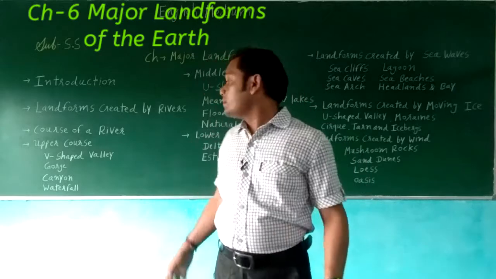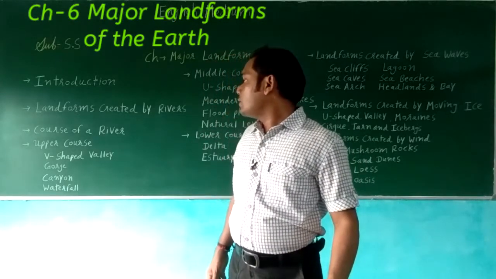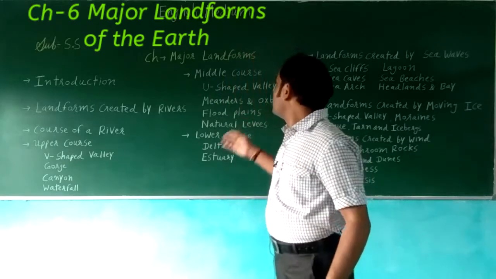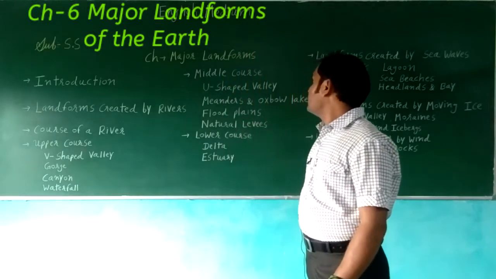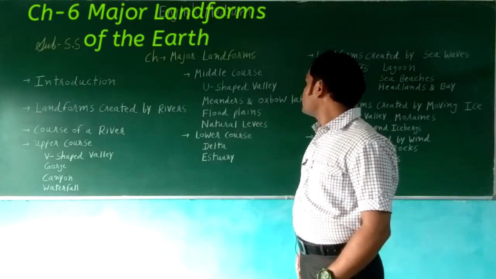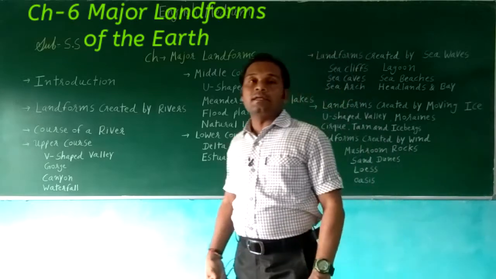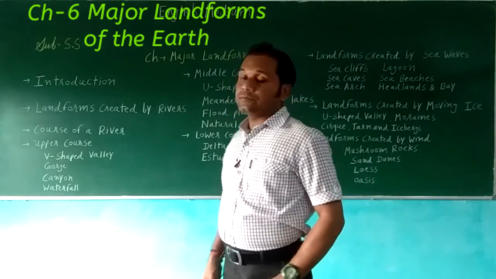We have already seen the V-shaped valley, gorge, canyon, waterfalls, and the U-shaped valley, meanders and oxbow lakes, floodplains, natural levees, and lower course delta and estuary.